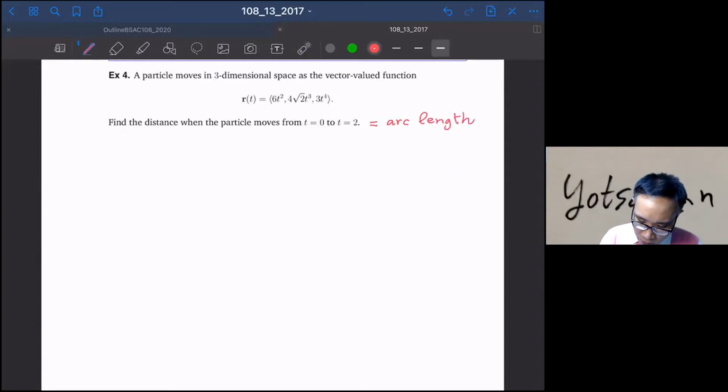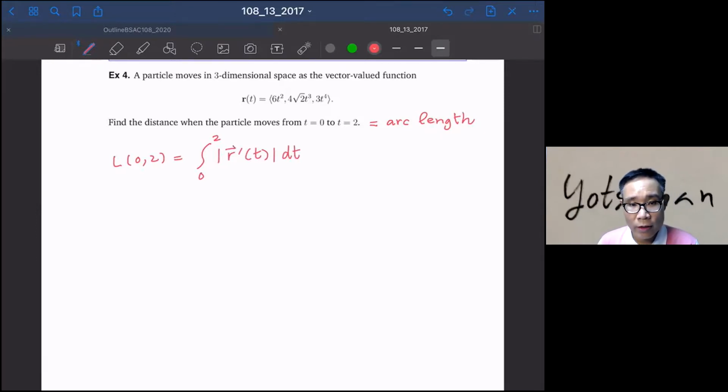So L_02 is going to be the integral from 0 to 2 of the norm of r prime t dt.